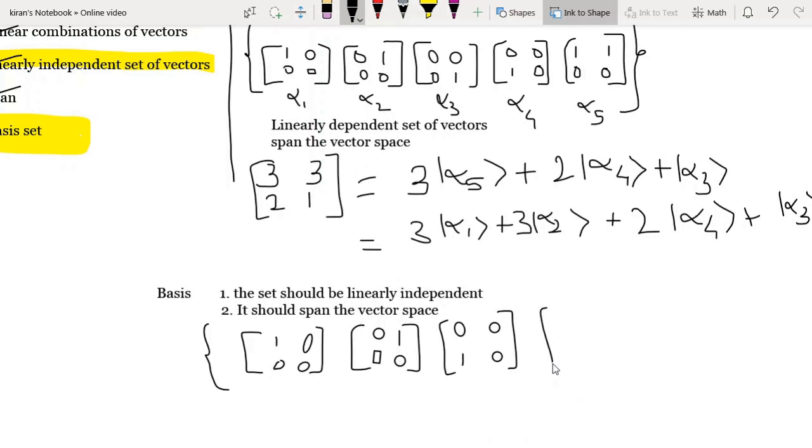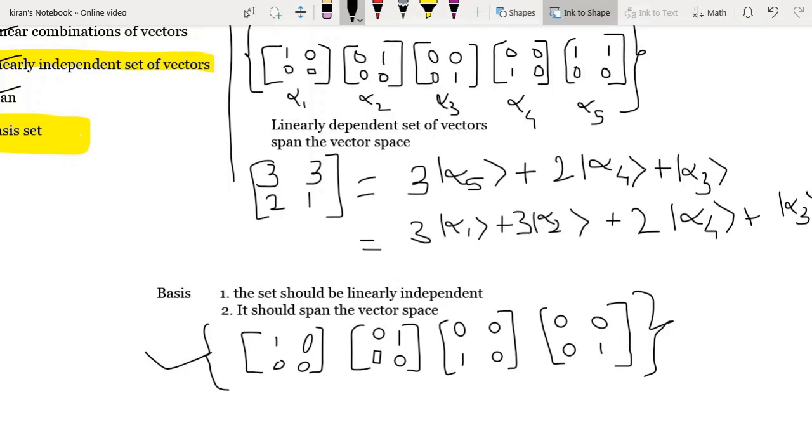However, if I write this particular thing, is it linearly independent? Yes, it is still linearly independent. Does it span the vector space? Yes. Now I can represent any vector in the vector space using linear combinations of these vectors. So this also spans the vector space, and so this forms a basis.